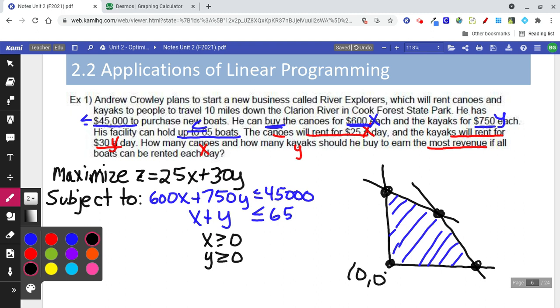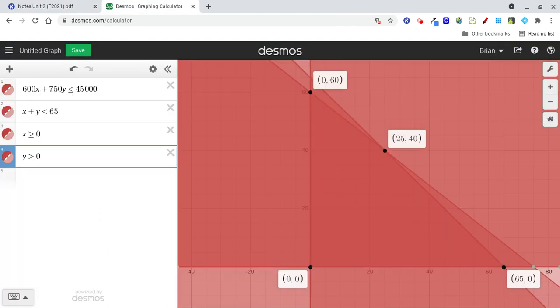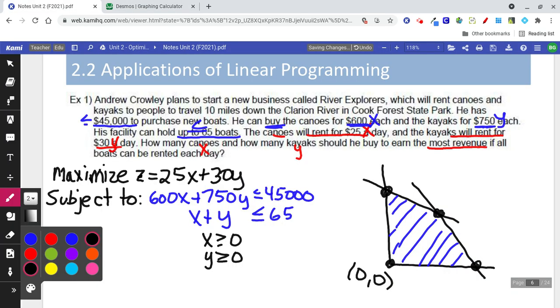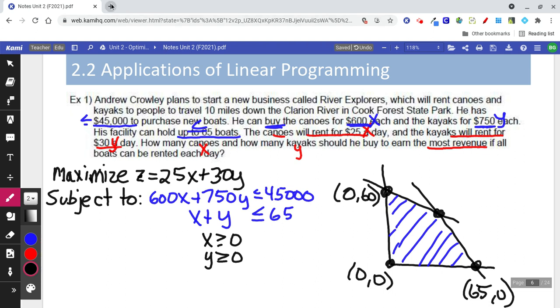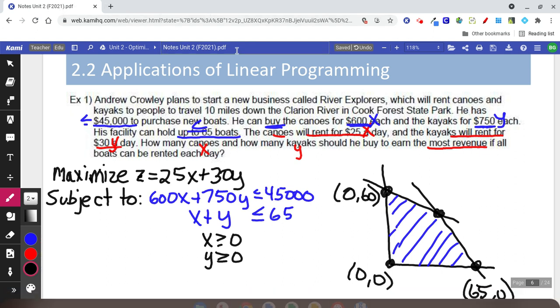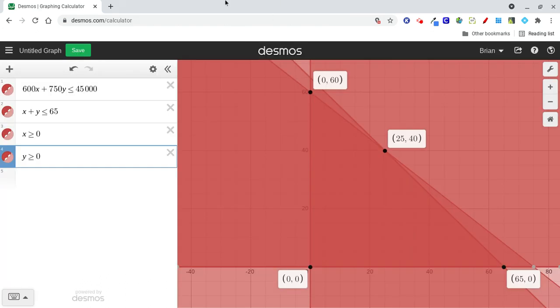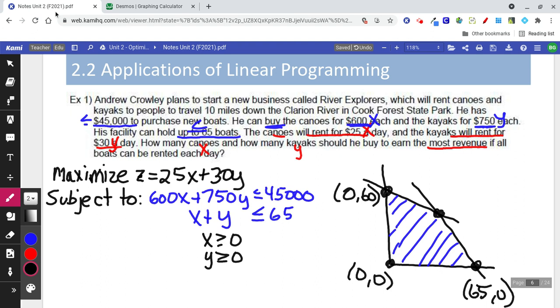I know that's 0, 0. What were the rest of them? 0, 60, and 65, 0. So this is 0, 60, and this one is 65, 0. And 25, 40.